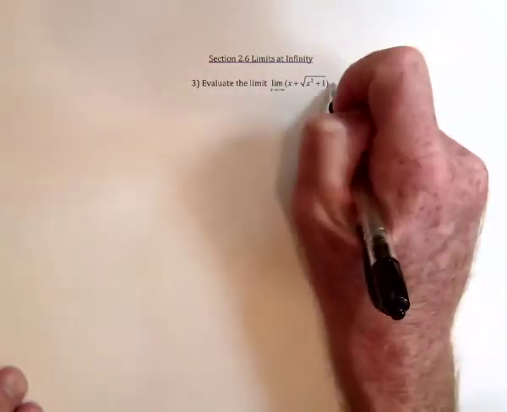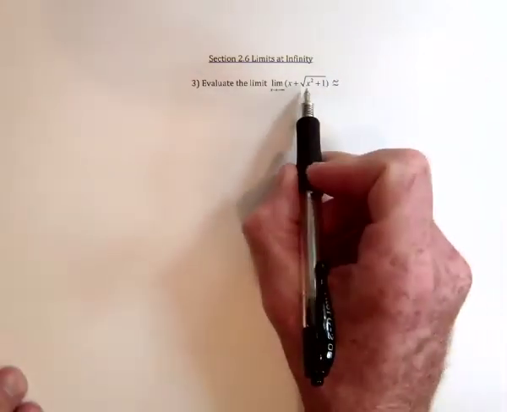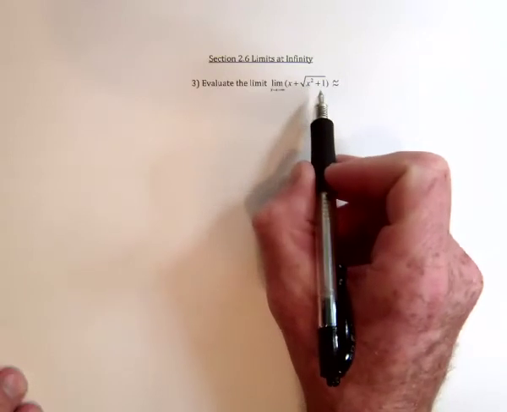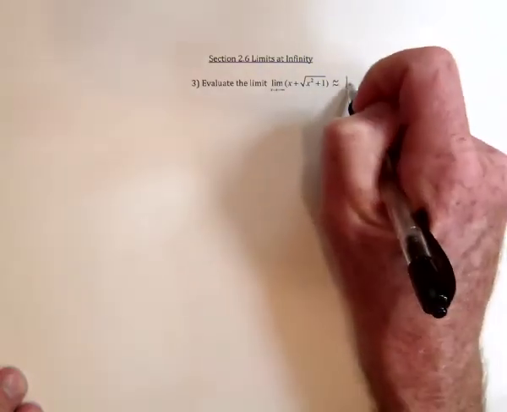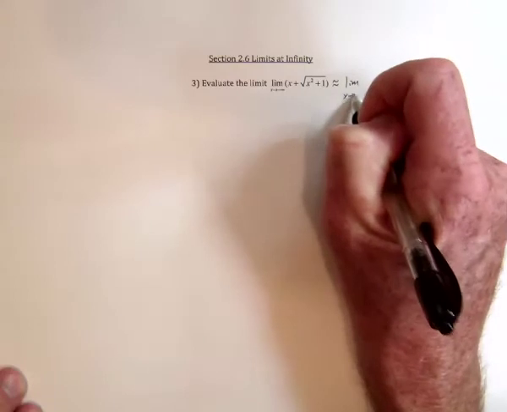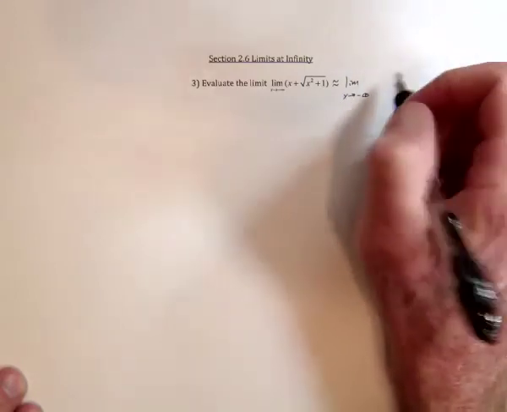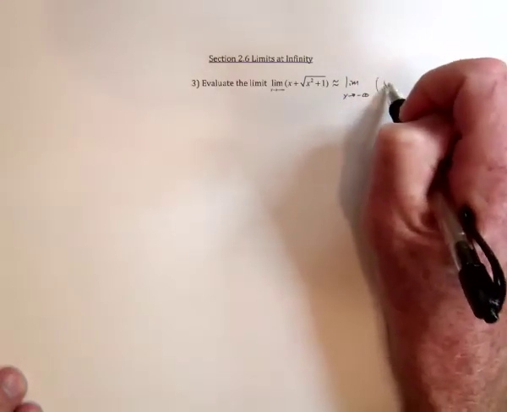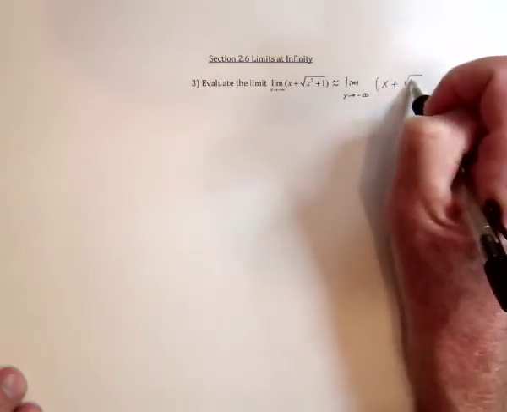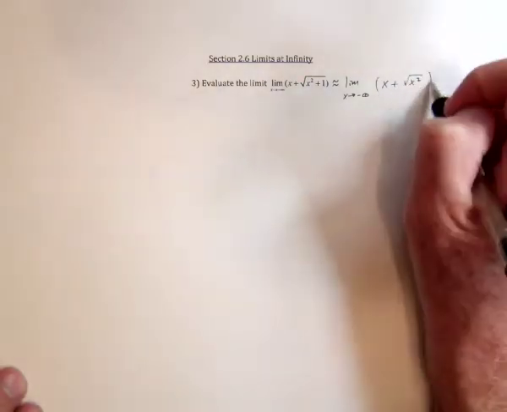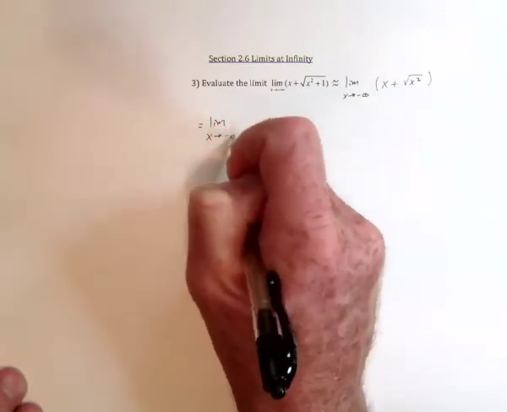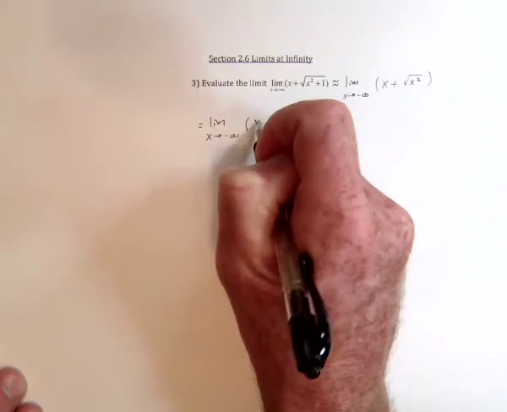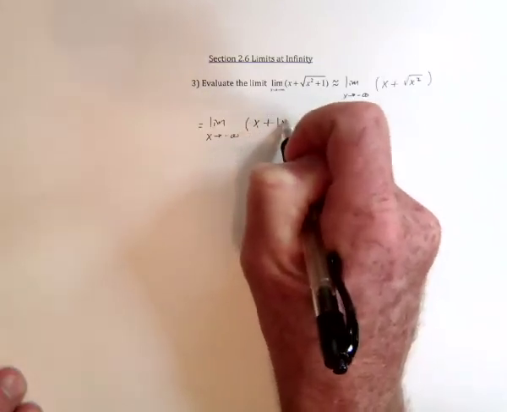So we could say that's approximately, so if we're talking about infinities and infinity squared, adding a 1 is not going to change the answer. So we can approximate this by dropping out the 1. We've got the limit as x approaches negative infinity, and then it's going to be x plus the square root of x squared, which is equal to the limit as x approaches negative infinity of x plus the absolute value of x.